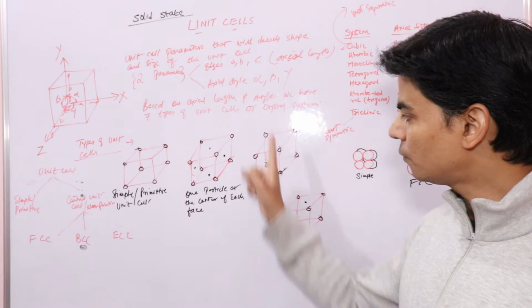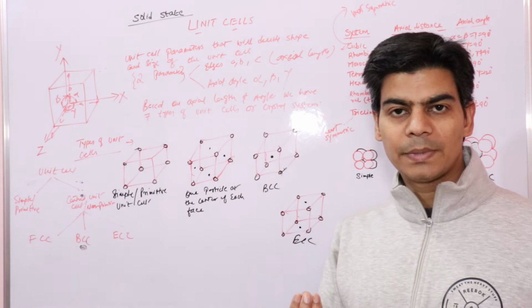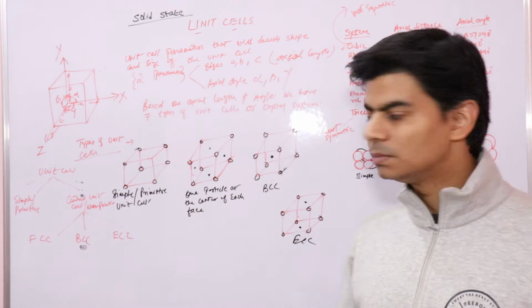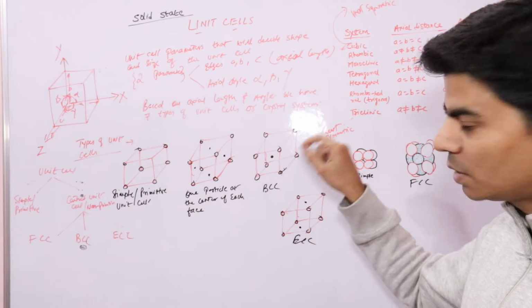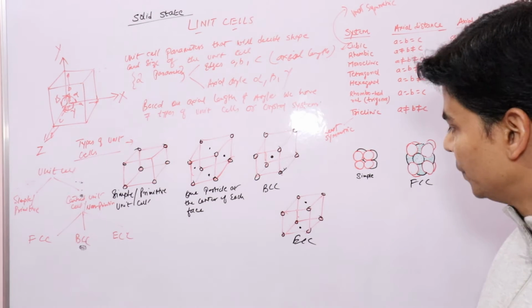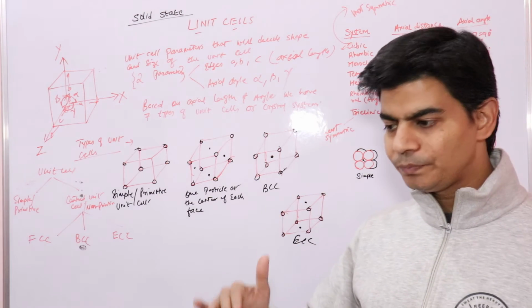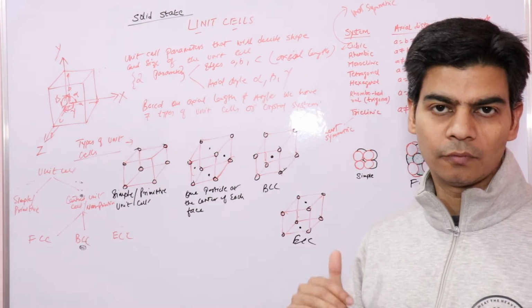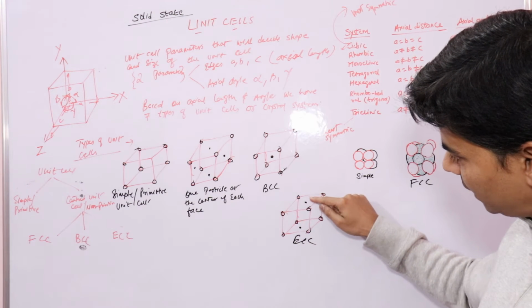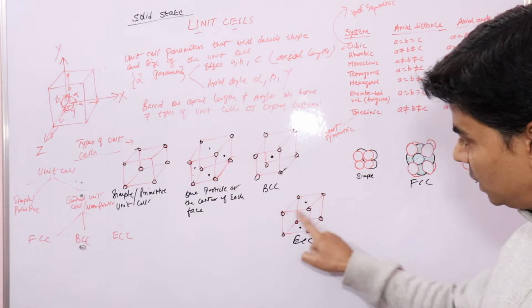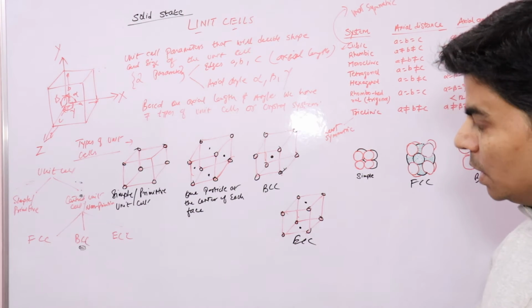In case of body centered, one particle is present at the center of the cube. Here, this black dot represents the particle at the center. Similarly, edge centered is when particles are present at the centers of two opposite faces of the cube.